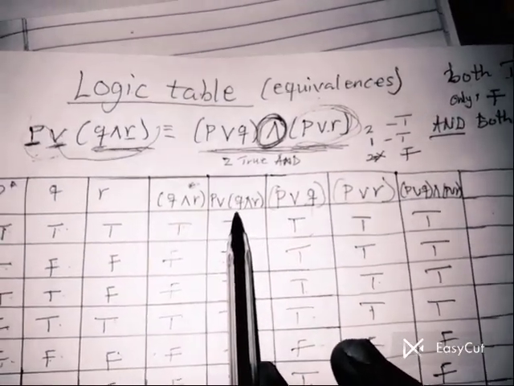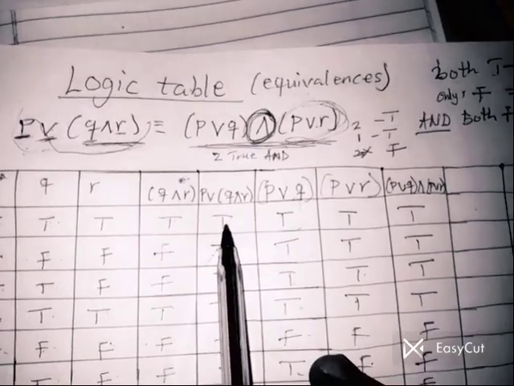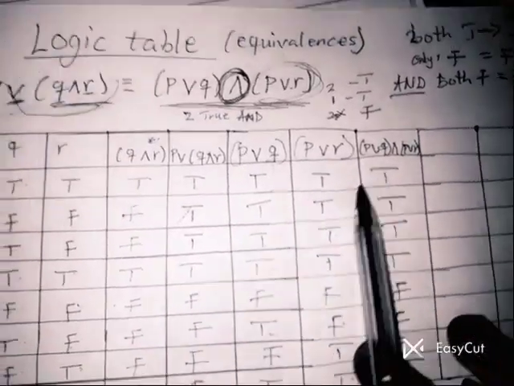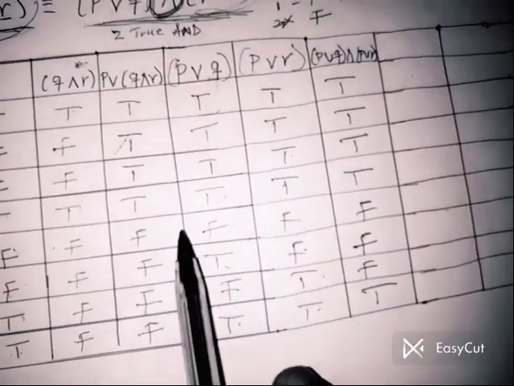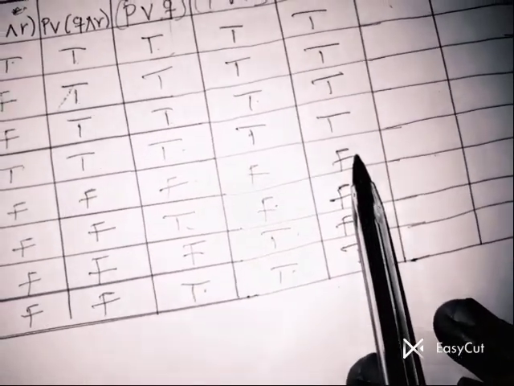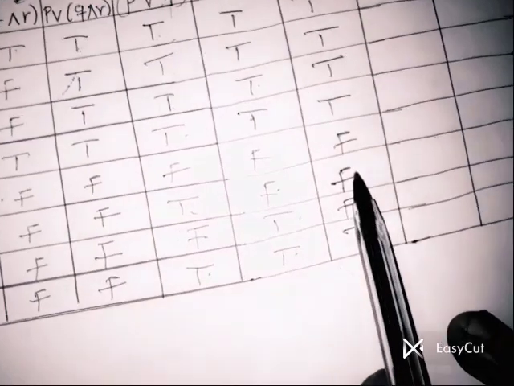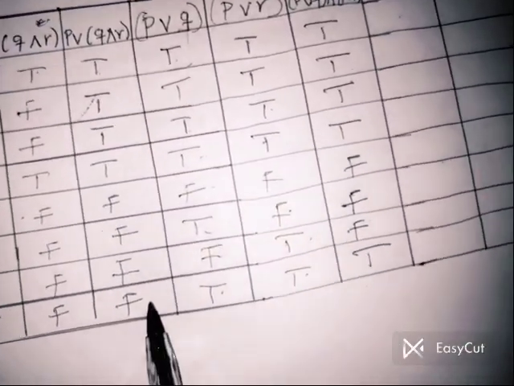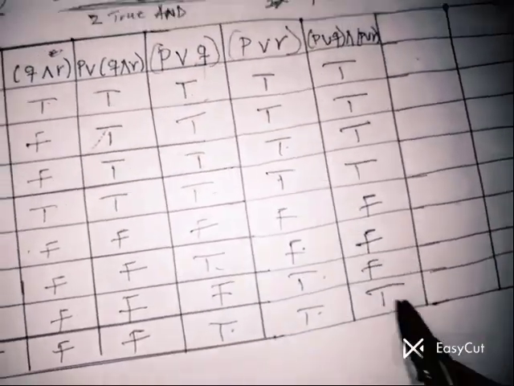So looking at it, this is the first one. This one was true, this was also true, this was true, this was also true, this was true, this was also true, this was true, this was also true, this was false, this was also false, this was false, this was also false, this was false, this was also false, this was true, and this too was true.